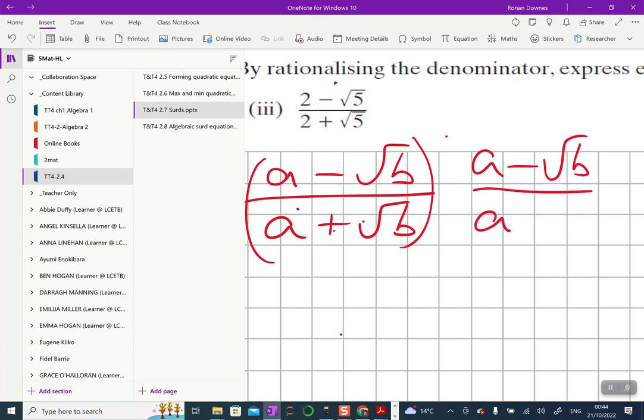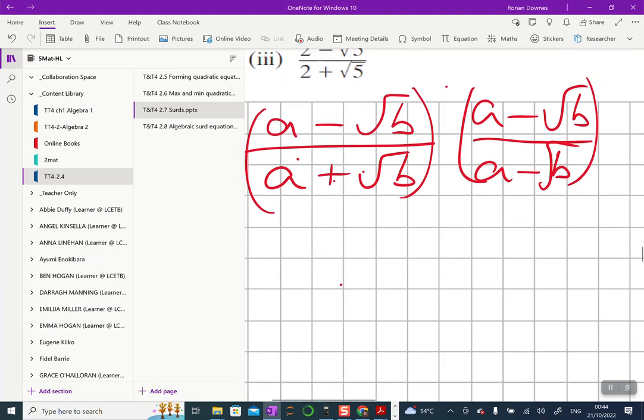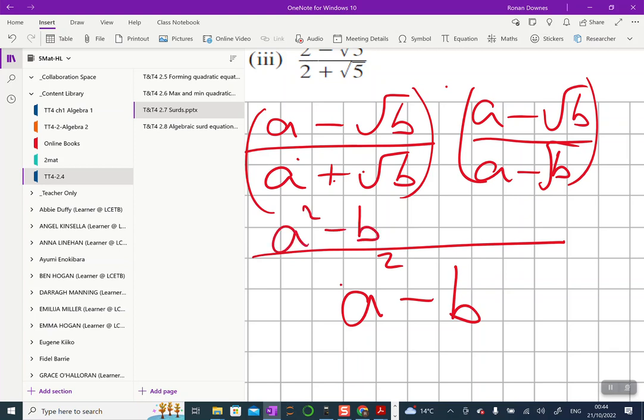So a squared is 4, plus b is plus 5, minus 4 root 5. That's the only surd that's going to survive. And the bottom is 4 take 5.